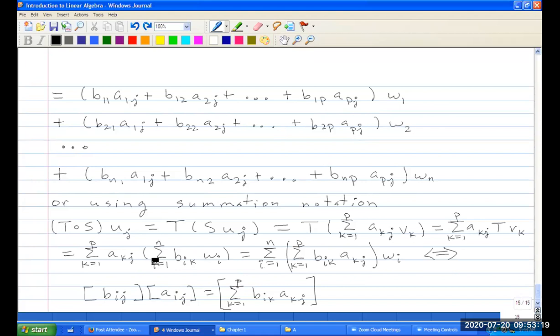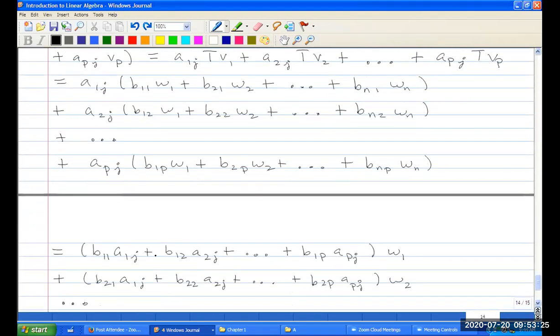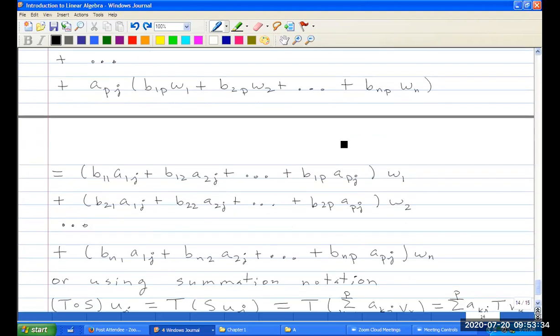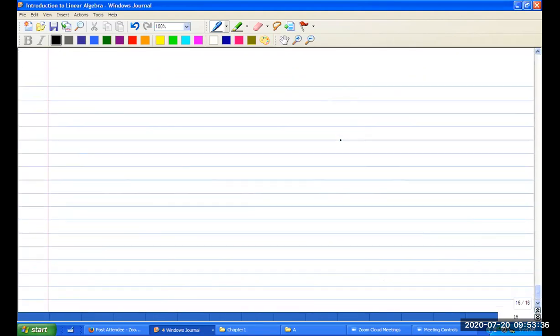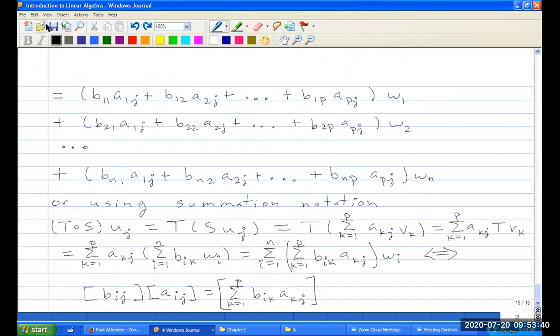And now let's switch these around, which is the harder step, going from here to here. Switching the order of summation around, I get this last step here.